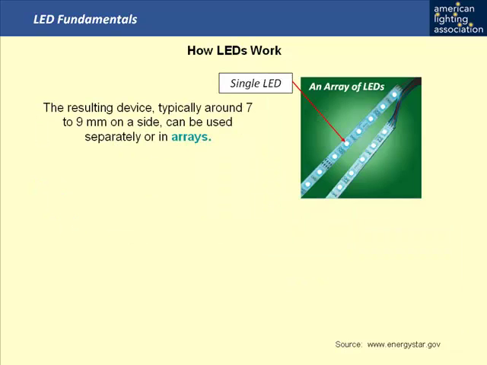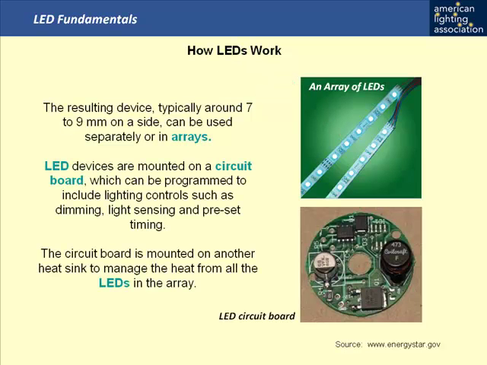The resulting single LED is typically about 7 to 9 millimeters on each side and can be used separately, or as an array of LEDs. Think of this as simply another term for a group of LEDs, a term used very often now in the LED industry.